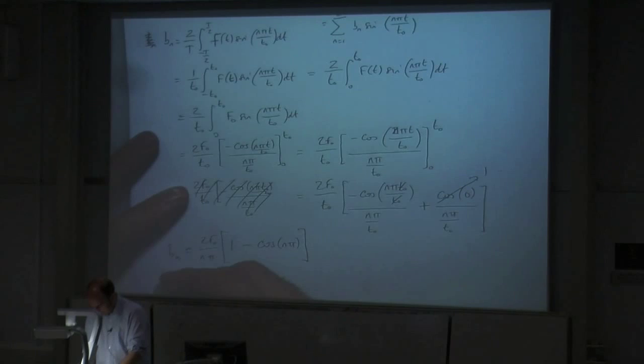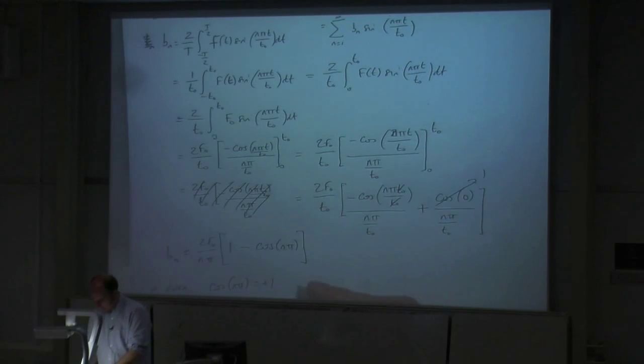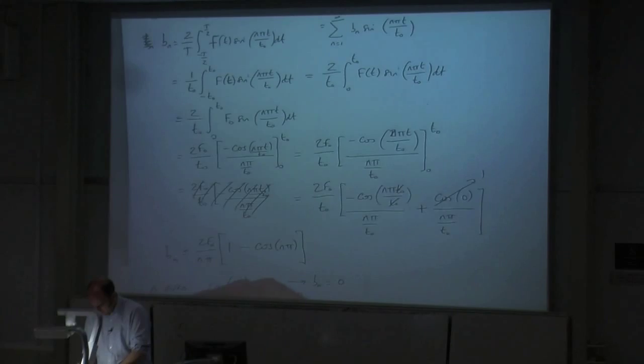When n is even, we have cosine of n pi equals plus 1. So therefore, b of n, we've got a 1 minus 1, so that's going to be 0. When n is odd, cosine of n pi equals minus 1, therefore b of n equals 2 f naught upon n pi times by 2.